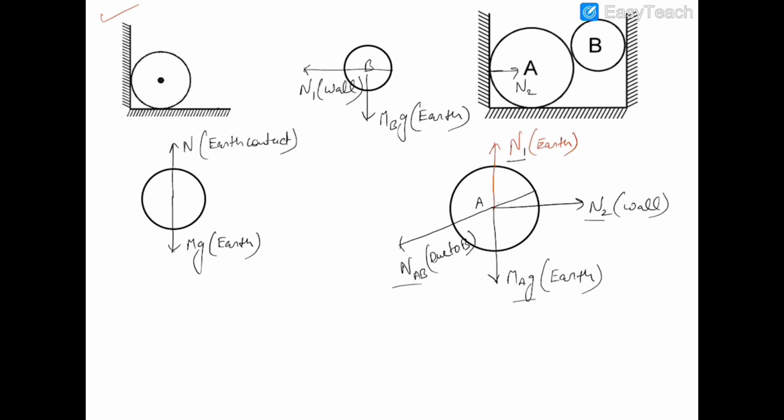So now coming again to ball B, there is MBG which is acting downwards. There is normal reaction N1 which is due to the wall, and there will be a normal reaction NAB which is acting in the exactly opposite direction to the normal reaction on A. So you can see that ball B applies a normal reaction on A in that direction, and in reply to that action, A will also apply the same amount of normal reaction on B in the opposite direction, pointing upwards.